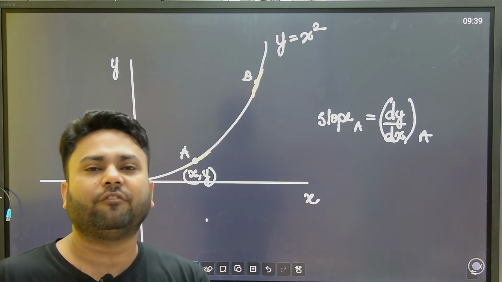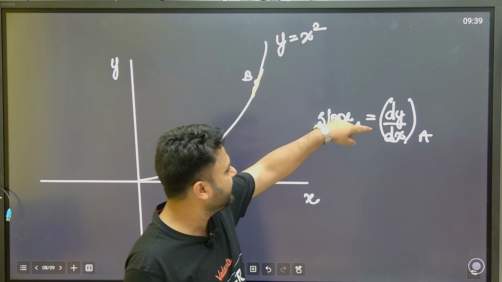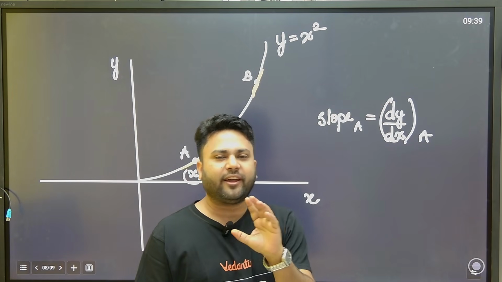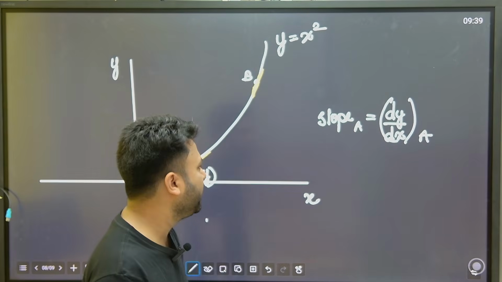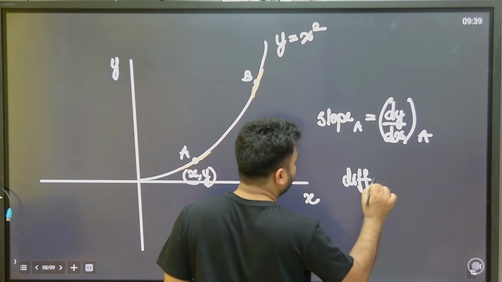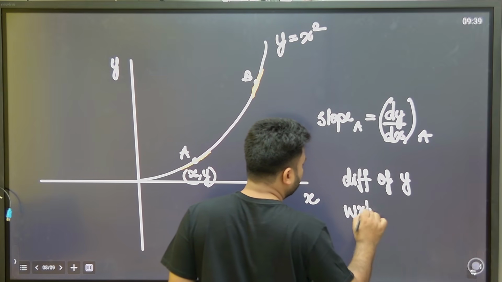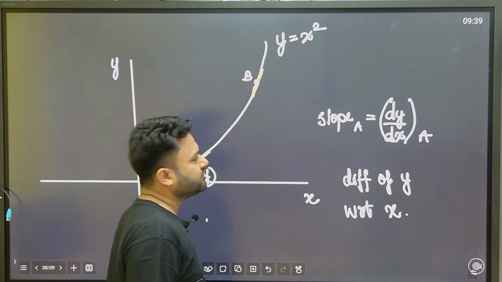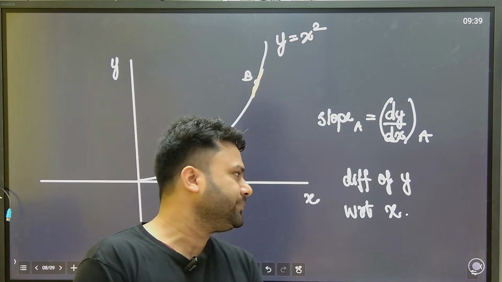Okay, differentiation of y with respect to x. One thing you have to remember is that you don't have to cancel this d. This is the differentiation of y with respect to x. So dy by dx tells about the slope.